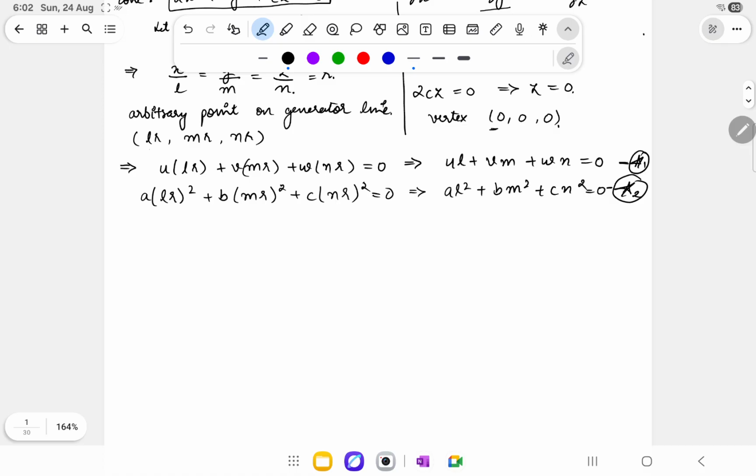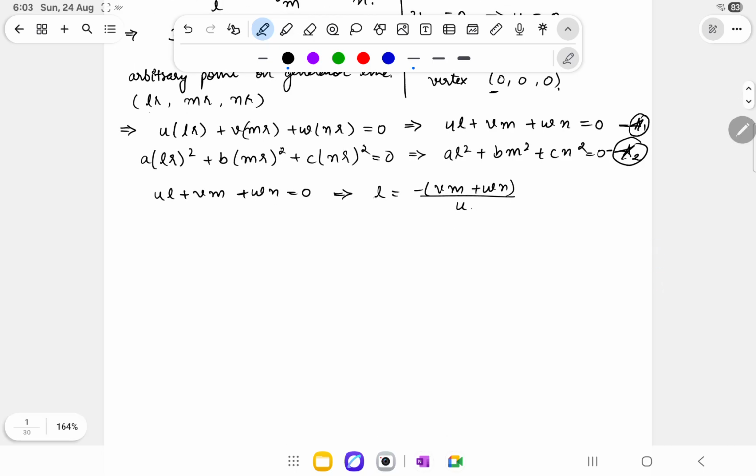So we can just eliminate and write one of the direction cosines in terms of the other two. Using ul plus vm plus wn equals 0, I got my l as minus (vm plus wn) upon u. Now I can substitute this value of l in star 2, and that will give me basically a quadratic equation in m and n.